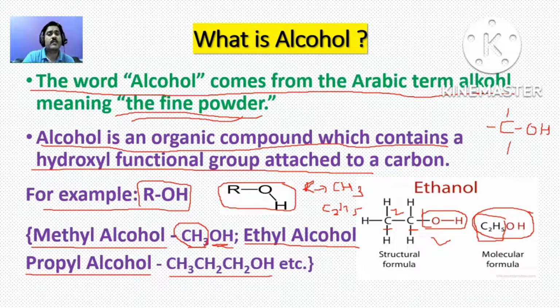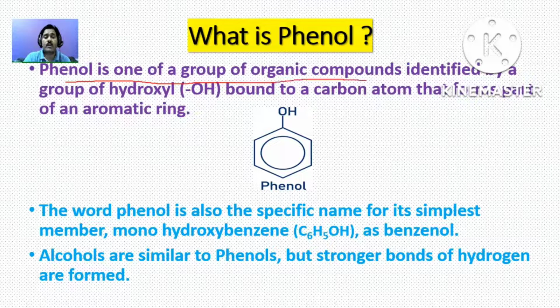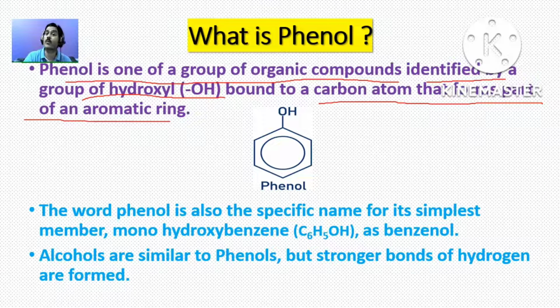Let's see what are phenols. Phenols are one of the groups of organic compounds identified by a hydroxyl group bound to a carbon atom that forms part of an aromatic ring. What is the aromatic ring? An aromatic ring is a closed ring in which carbon atoms are combined in the form of a ring.